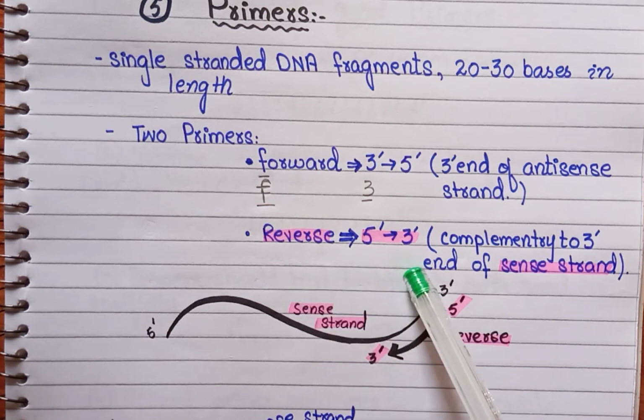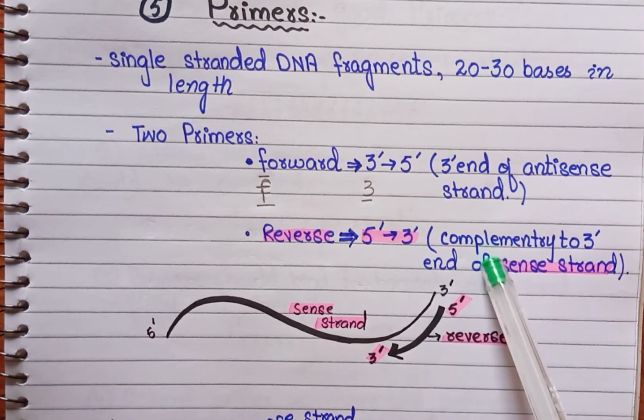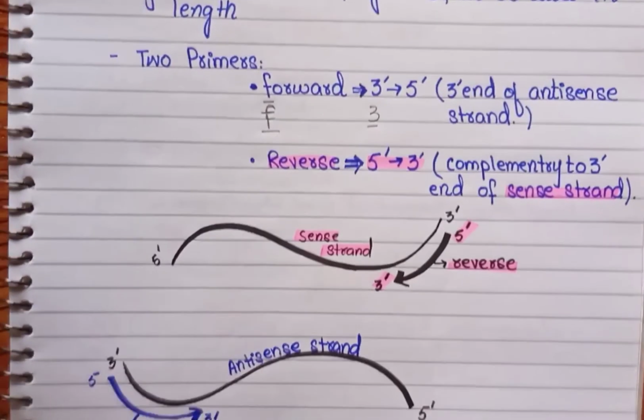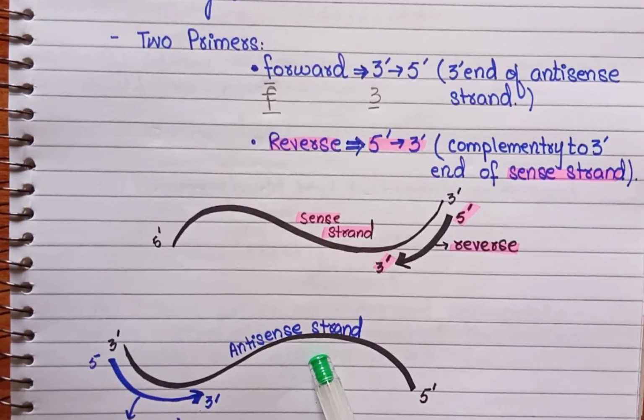Next we have the reverse primer, in the 5' to 3' direction, complementary to the 3' end of the sense strand. And the other, the forward primer, is on the 3' end of the sense strand, in the 3' to 5' direction.